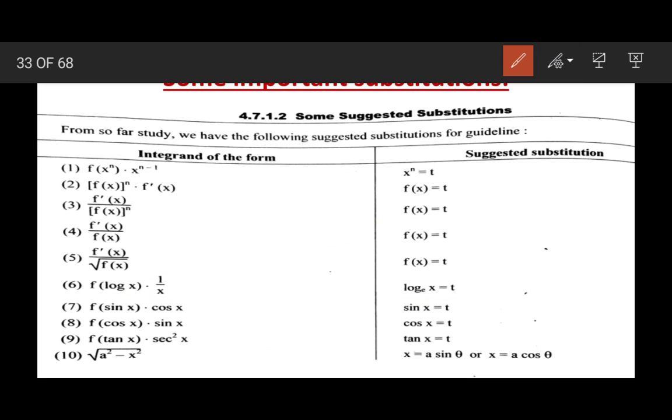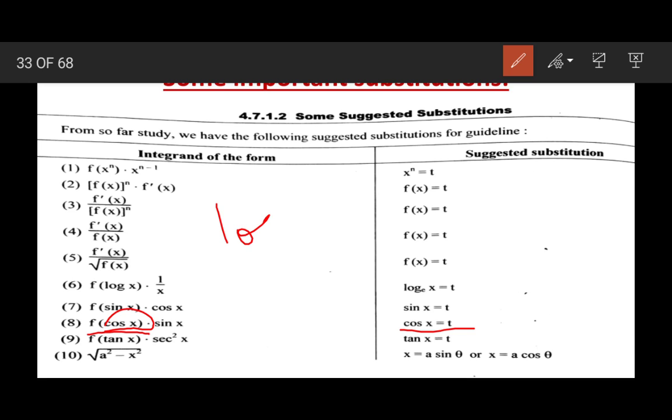Next, if it is f of sine x into cos x, we know that the derivative of sine x is cos x, so we'll substitute sine x as t. Then if it is a function of cos x into sin x, we know that the derivative of cos x is minus sin x, and hence we substitute cos x as t.